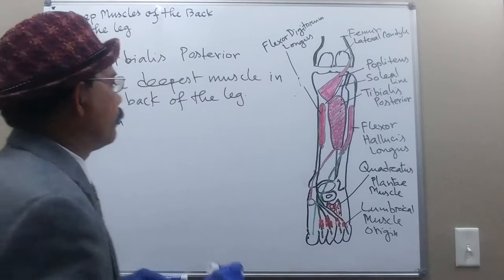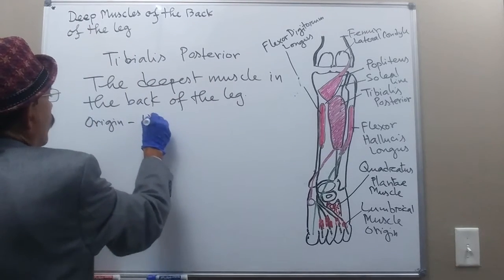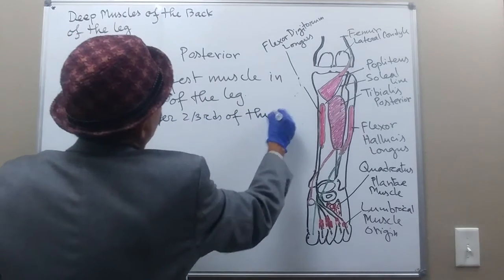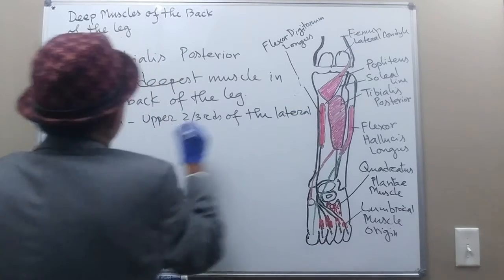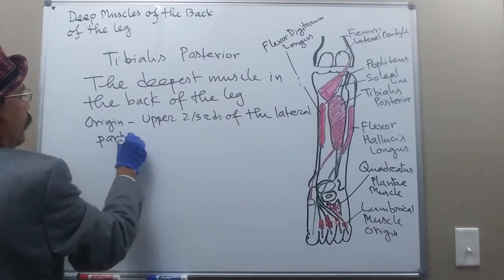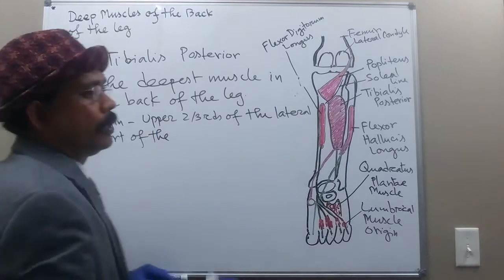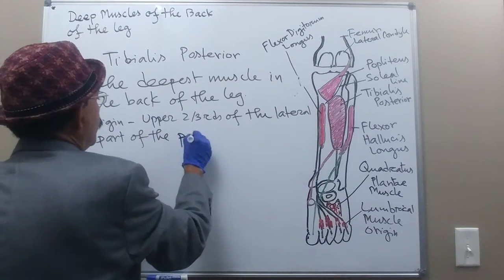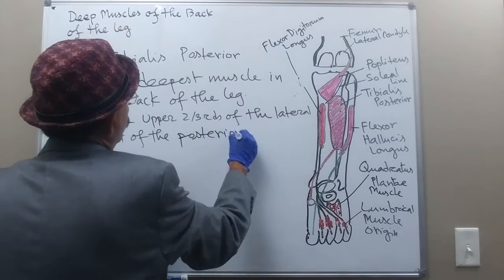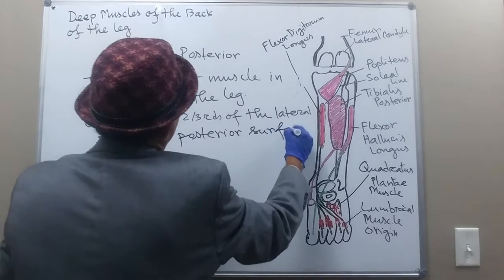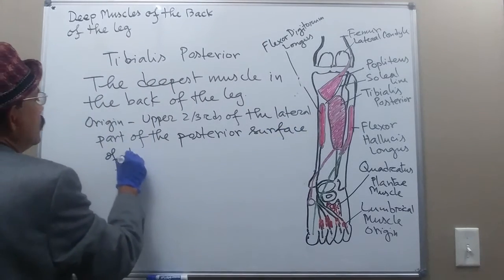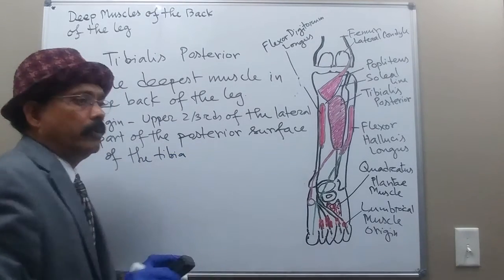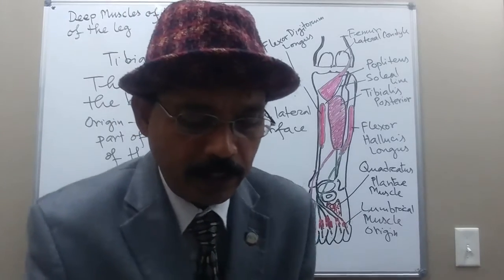Upper two-thirds of the lateral part of the posterior surface of the tibia, certainly below the soleal line.